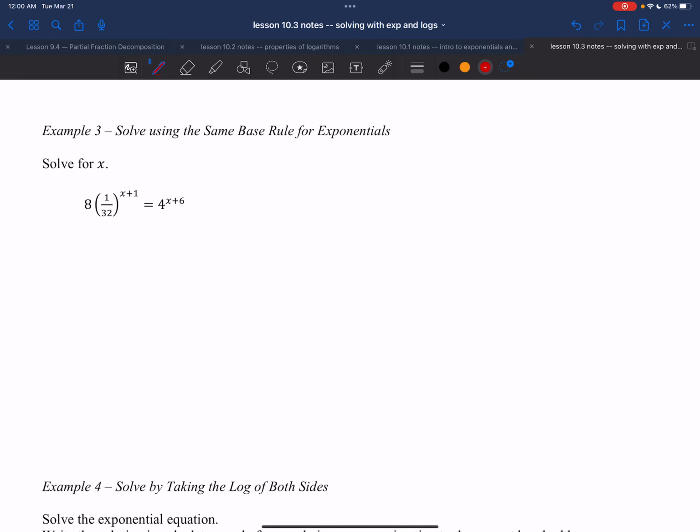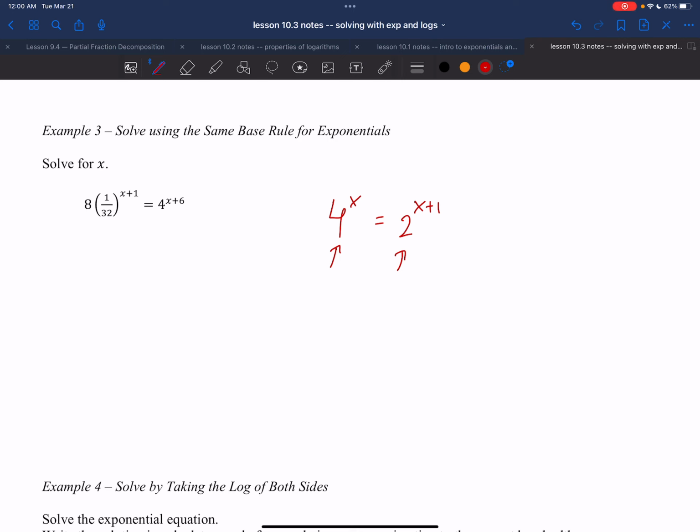Now, looking at example 3, we're going to start using the same base rule. This is a really simple rule, okay? I think it makes sense. I already explained it, but I'm going to re-explain it real quick. Look, if you have 4 to the power of x, and you say that that's equal to 2 to the x plus 1, right? These are different bases, right? 4 and 2 are different bases.